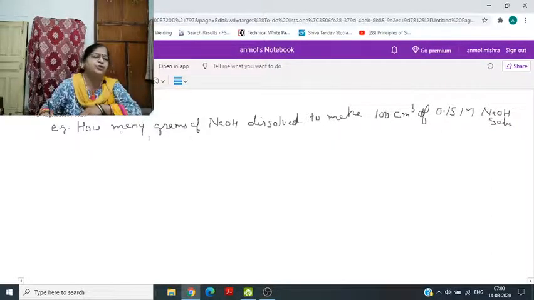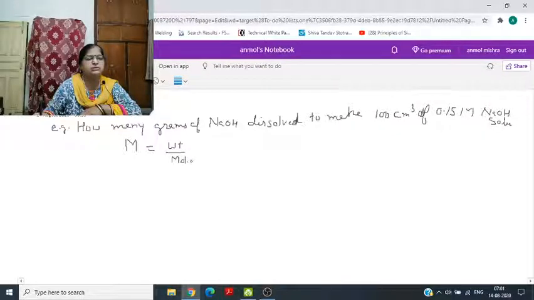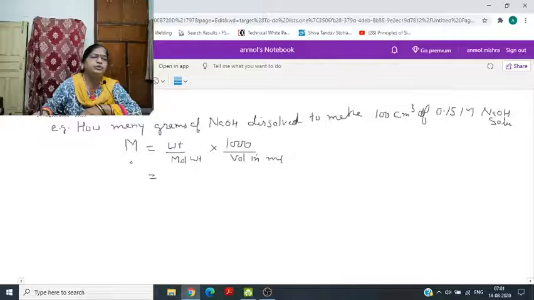Again, for molarity, you have got the formula. Molarity is equal to weight upon molecular weight into 1000 by volume in ml. The molarity is given to you as 0.15, and the weight you have to calculate.